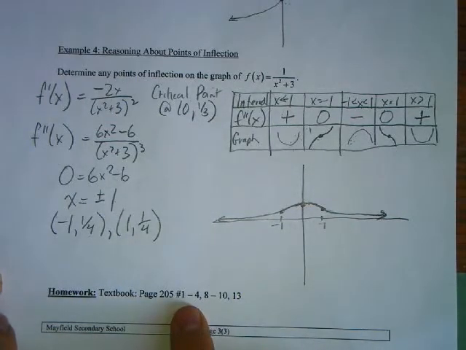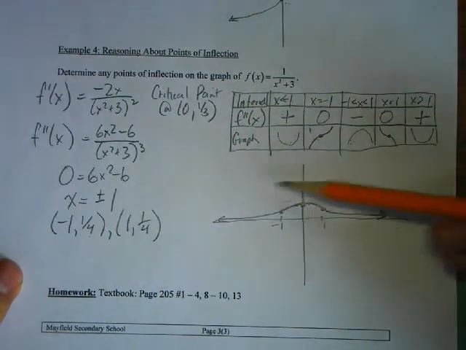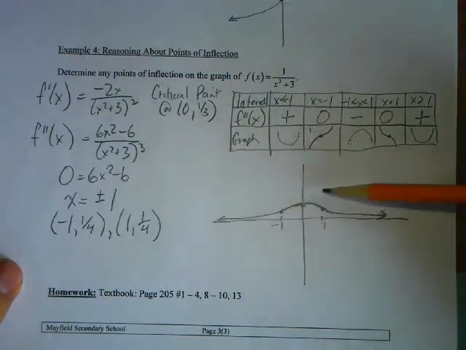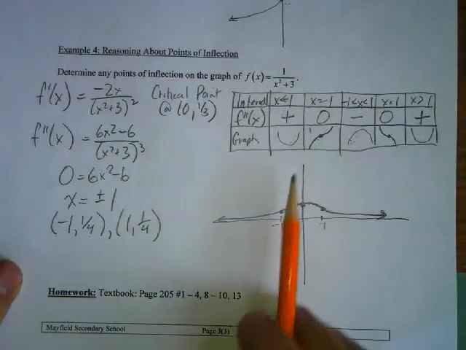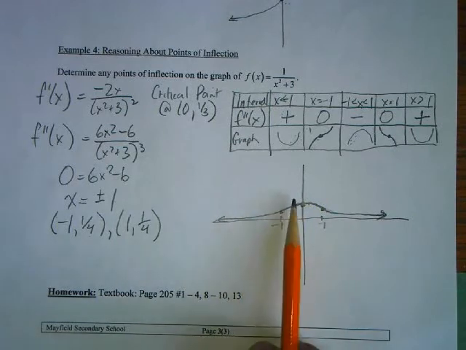Know how to use the first derivative to find critical points, see if they're local mins, maxes, or neither, and then use the second derivative to find the points of inflection, and then use the interval test for points of inflection to find out concavity for certain areas, and then put everything together and come up with a nice sketch that's got all the local extrema and points of inflection.